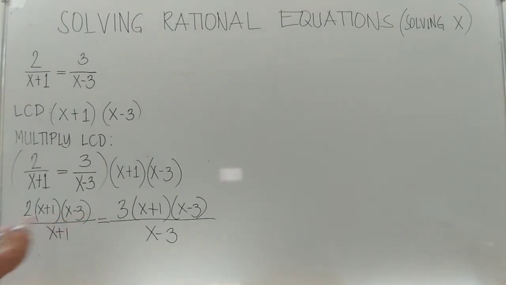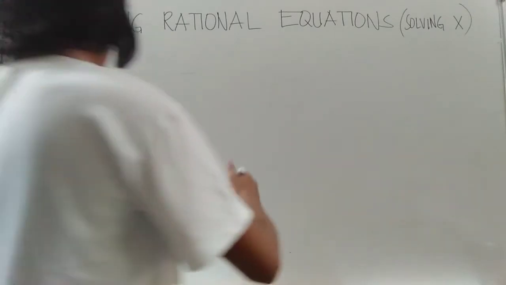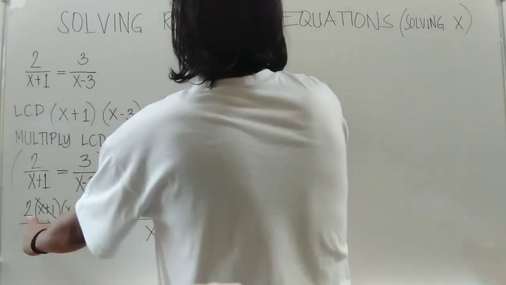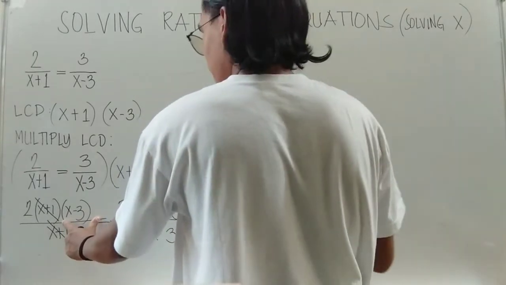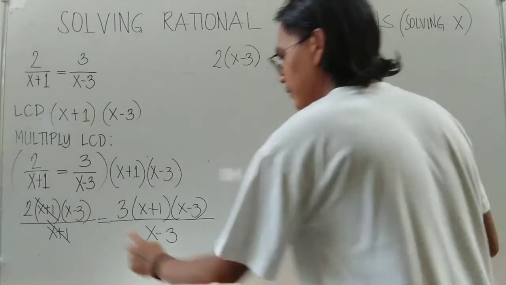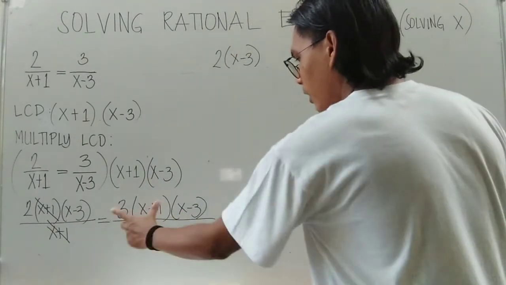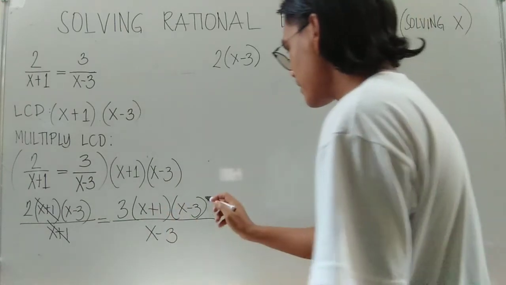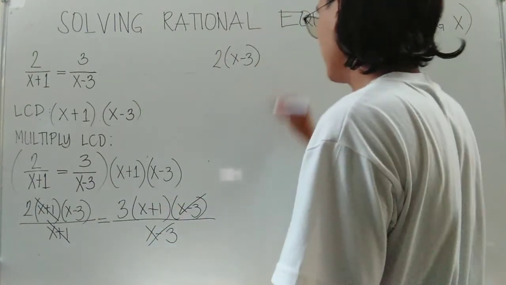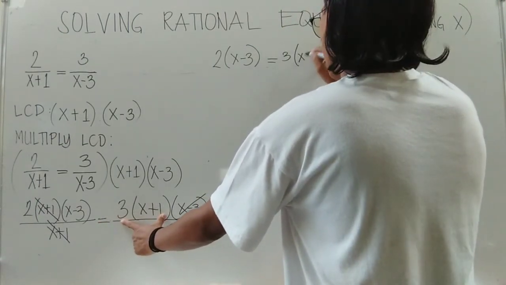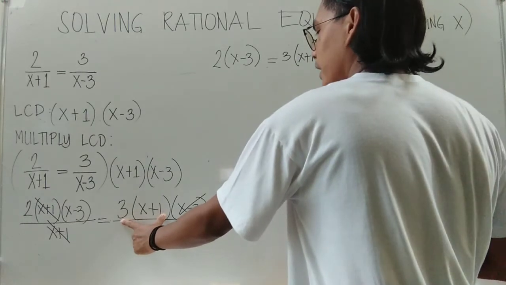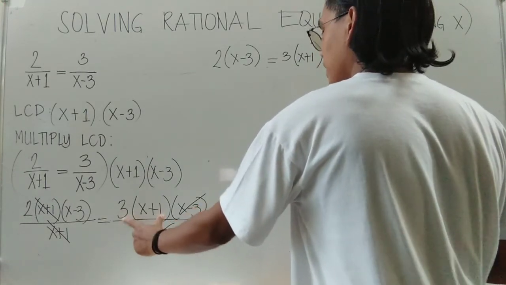The common between numerator and denominator is x plus 1, so the remaining is 2 times the quantity of x minus 3. We don't have any denominator left. On the other side, the common is x minus 3, so the remaining is 3 times x plus 1. Are we clear on that?